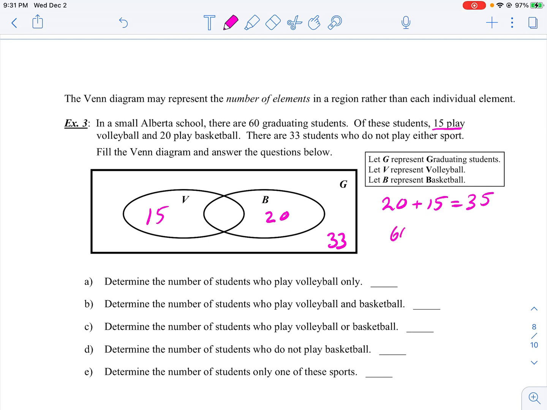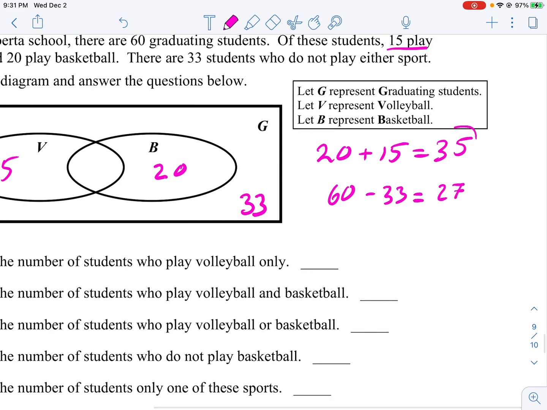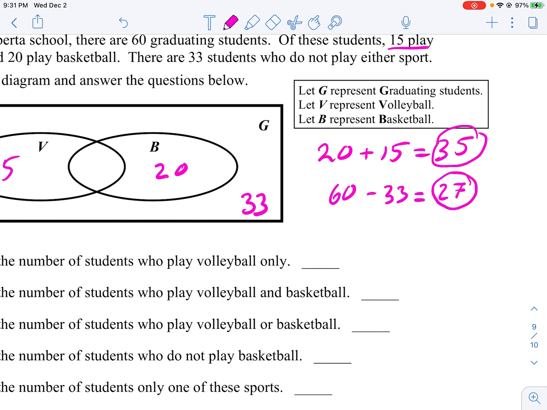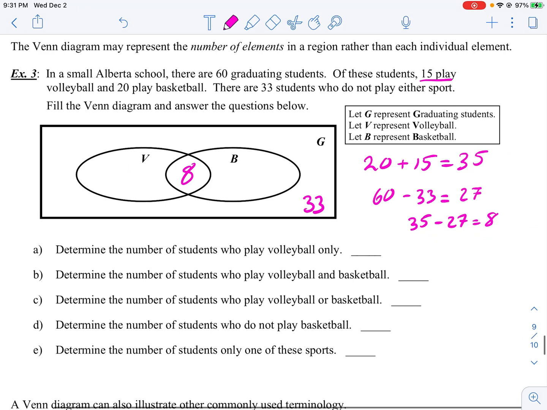If there's 60 graduating students and 33 of them don't play any sport, then we're left with 27 athletes. And if there would have been 35 for the individual sports, but there's only 27 allowed, well, obviously we have an overlap. So that overlap is just the difference between the two. So there are 8 students who play both sports, because that's the only way the numbers will actually work out.